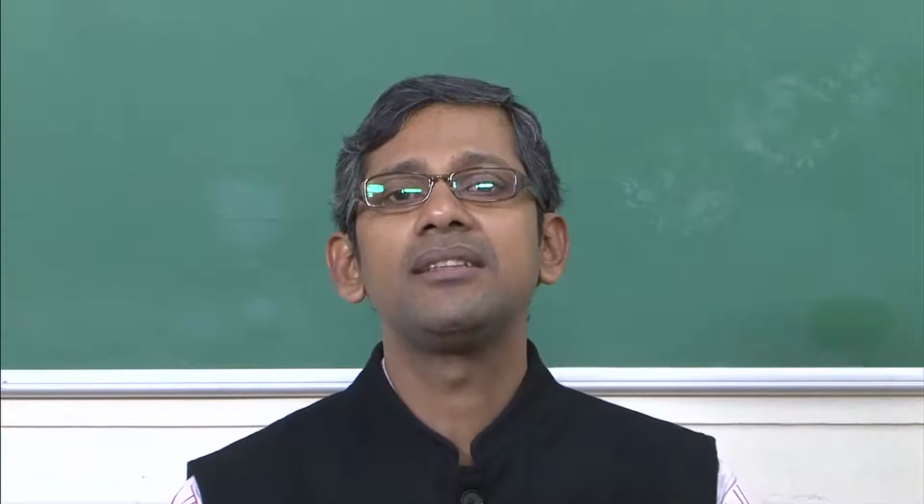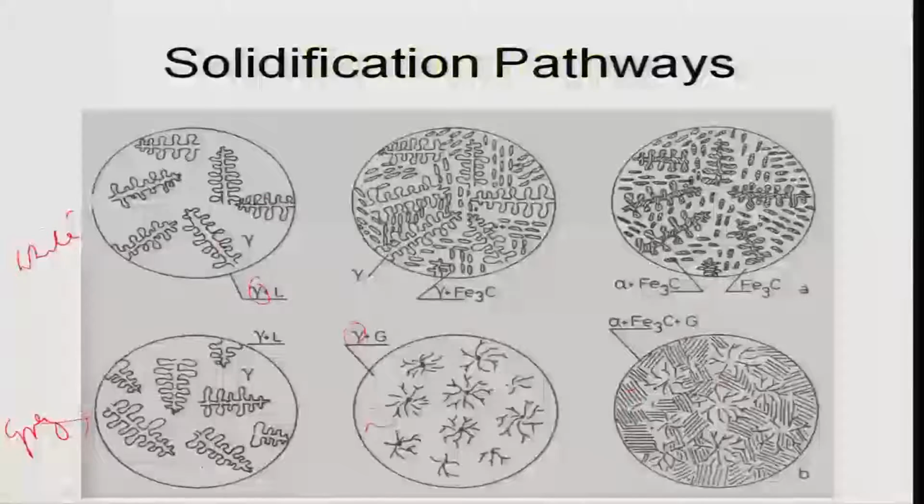As you have seen in the last part of my last lecture, the flakes in gray iron create problems when stress concentration is an issue in the material. Let me go back a little bit.